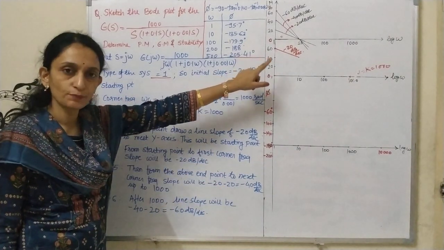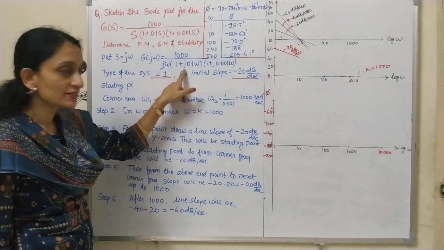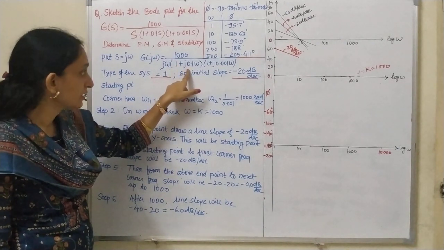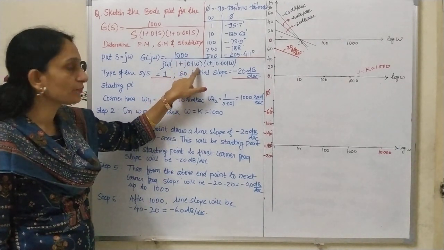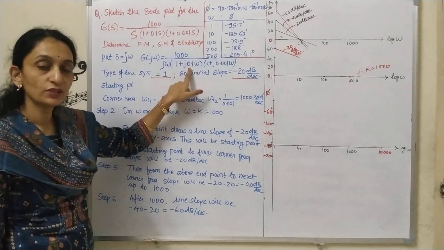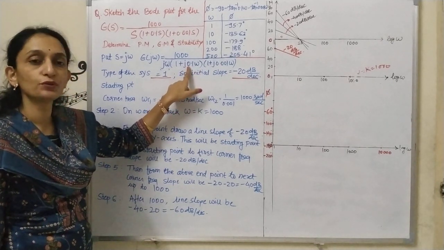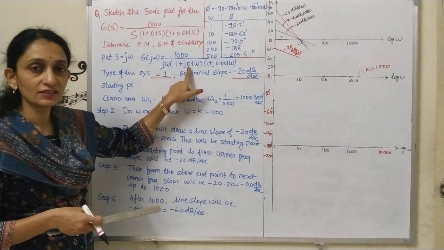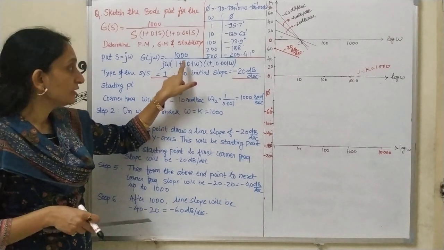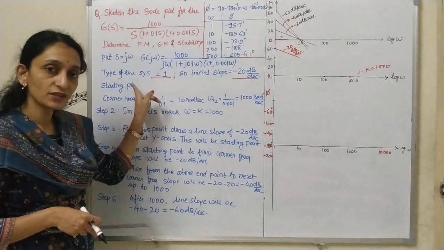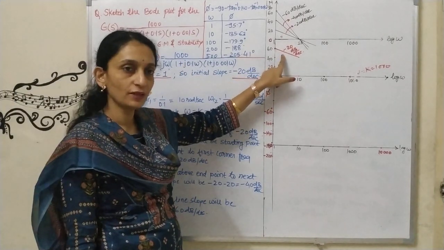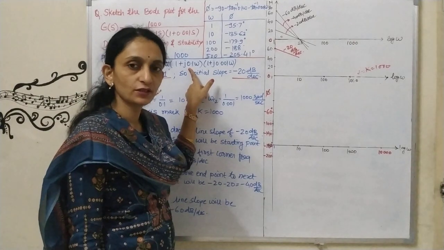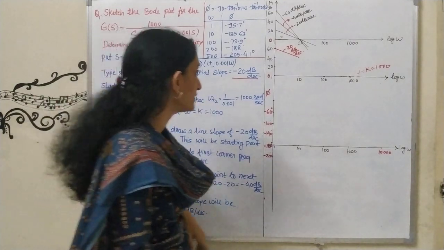Because the previous is minus 20, and my next factor is 1 upon 1 plus j 0.1 omega. This is a pole, so it will contribute a slope of minus 20. For the resultant slope, I add this with the previous one: minus 20 minus 20 gives minus 40.